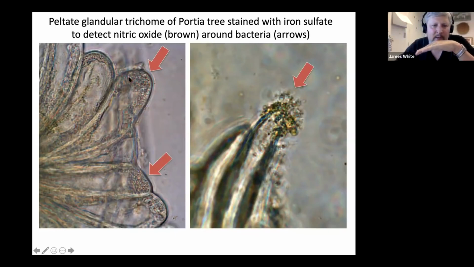And you can see the little arms of this here. You can see the little brown in there. Those are the bacteria that are inside these hairs. It's stained for nitric oxide, and it shows the nitric oxide produced by all those bacteria. Here's one of those hairs. You can see where it's collapsed, and you can see the bacteria now coming out. I think this is also nitric oxide around these bacteria coming out of the squished cell.